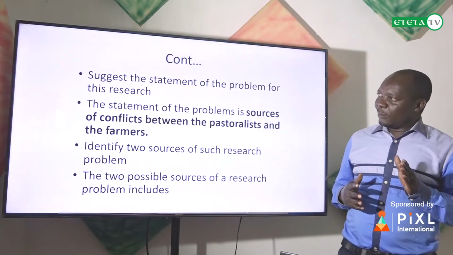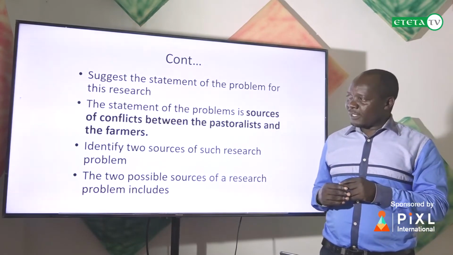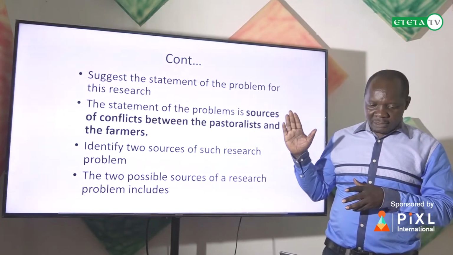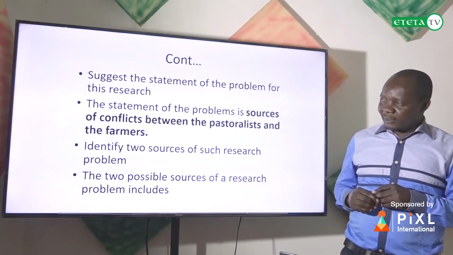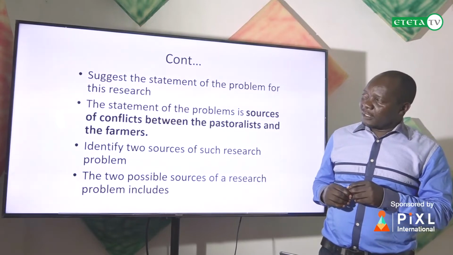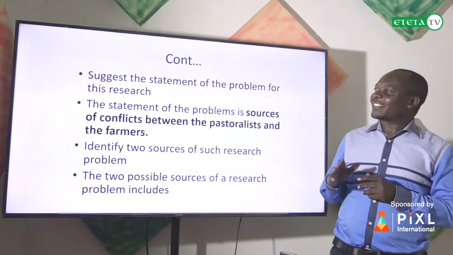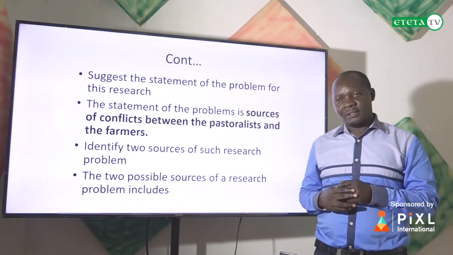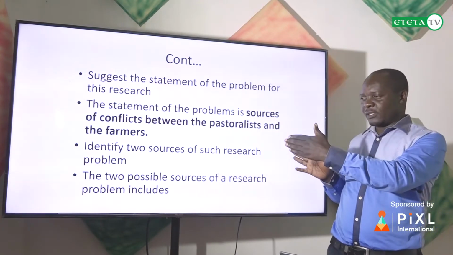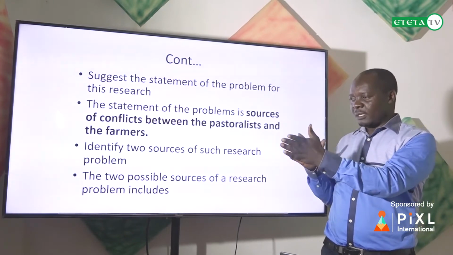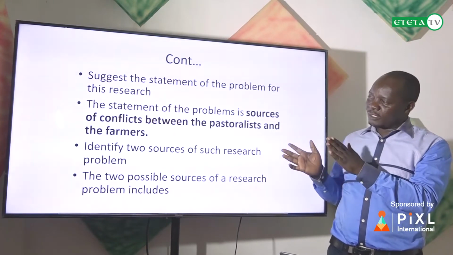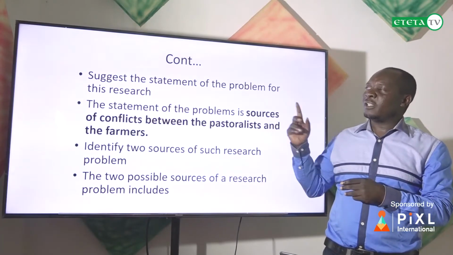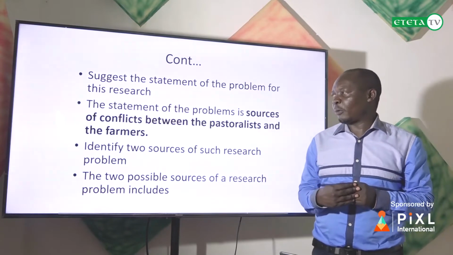From there, Roman 1 of the question asks to suggest the statement of the problem for this research. That means for the research likely to be conducted about the conflicts between pastoralists and farmers, you as a student have to suggest the statement of the problem.